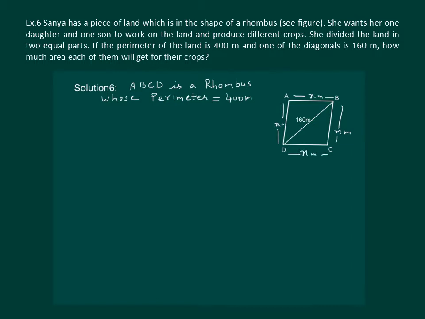So that means 4x is equal to 400 meters and x is 400 by 4 meters, that is 100 meters each. So each of the side is 100 meter.